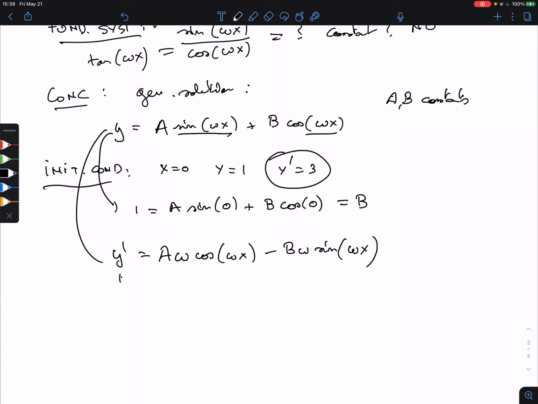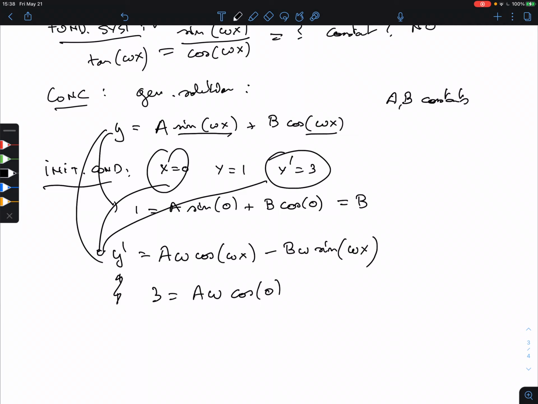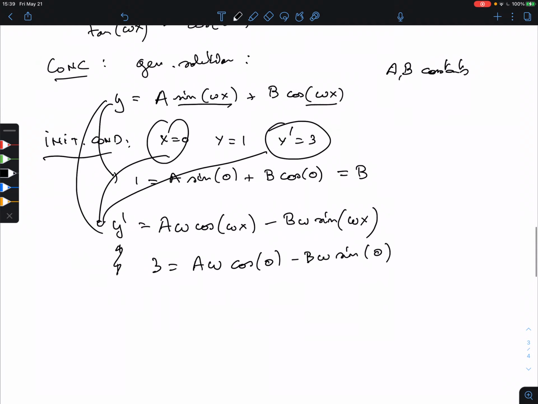Okay. And now I plug in here. I plug these two data in here, right? And I see that 3 is equal to A omega cosine 0 minus B omega sine 0. Be careful. Sometimes, because the omega seems like such a weird letter, it must be a variable. No, it's a constant. Don't plug in 0 there. It's the x that is 0.